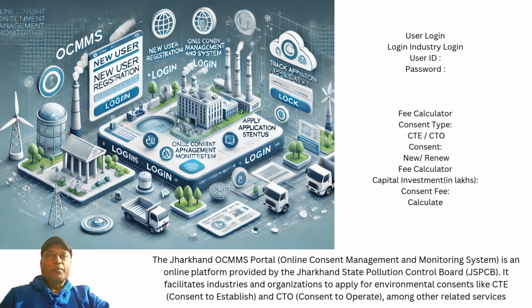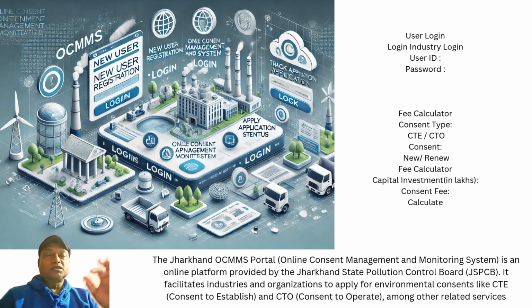Then comes consent to operate. Here also you have to submit the application form, then a copy of the CTE certificate, that is consent to establish certificate, because you can apply for consent to operate only after you get CTE.